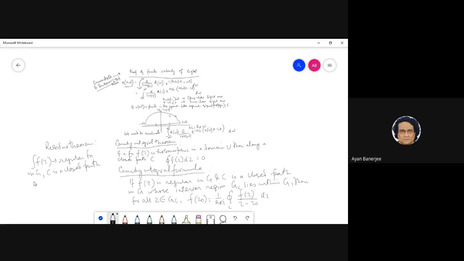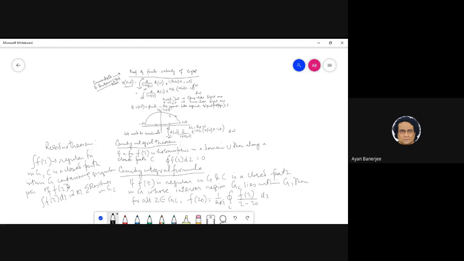C is a closed path within G containing singular points of f(z). Then the integral is solved as 2 pi i times the sum of residues in basically G_C.